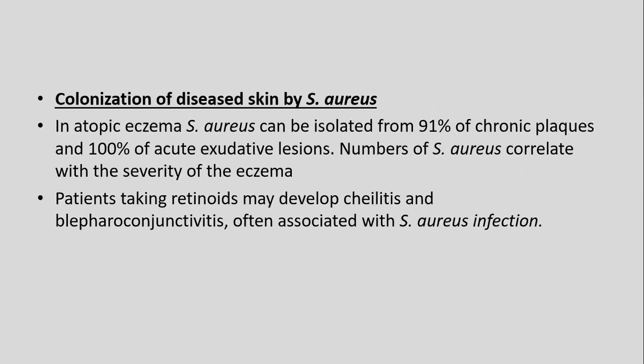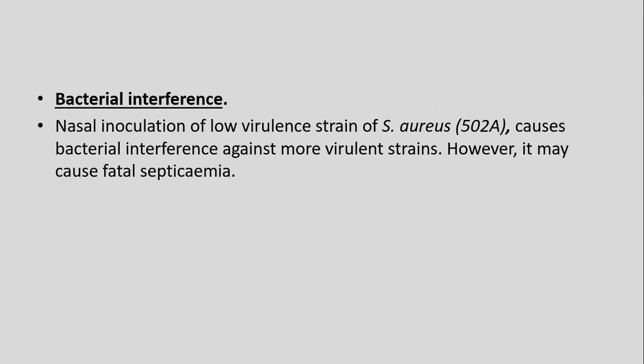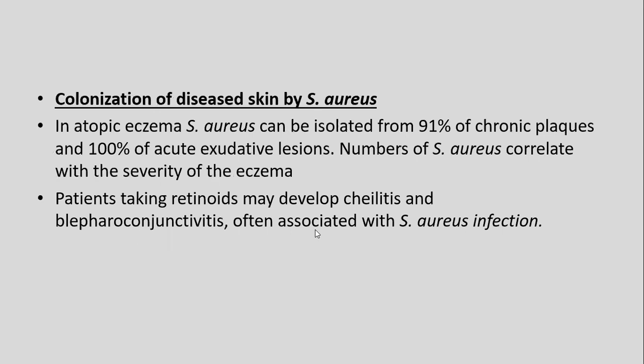Bacterial interference. Nasal inoculation of the low virulence strain of Staph aureus 502A causes bacterial interference against more virulent strains. However, this can cause fatal septicemia, so it is not an advisable option. Colonization of diseased skin by Staph aureus.